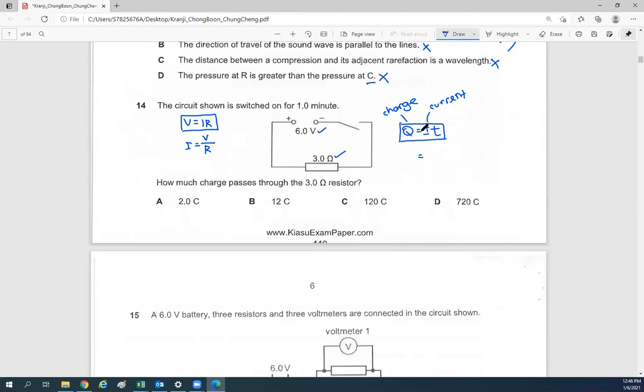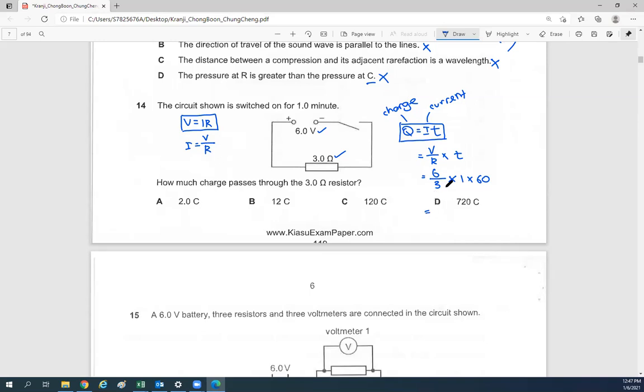So let me replace the I with V over R. So it's V over R times time. The voltage is 6. The resistance is 3. The time is 1 minute. However, I have to convert this 1 minute to seconds. So it's times 60.